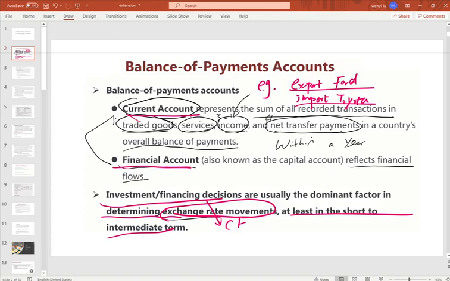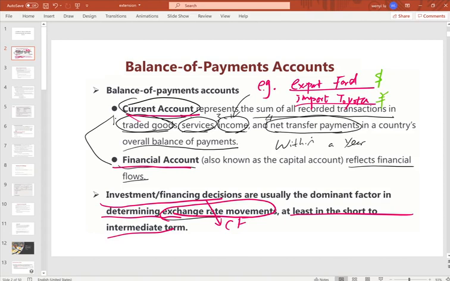If we export Ford to Japan, Japan will pay us dollars. And if you import Toyota from Japan, you will pay yen.